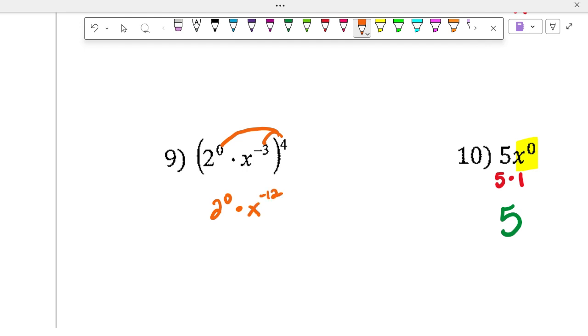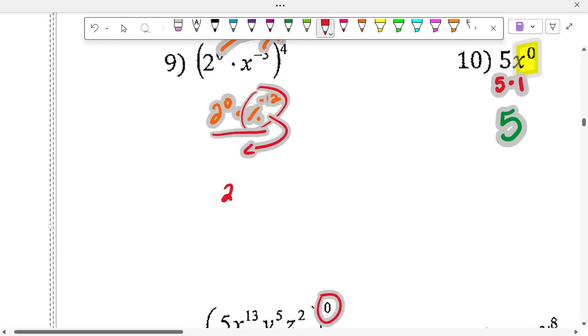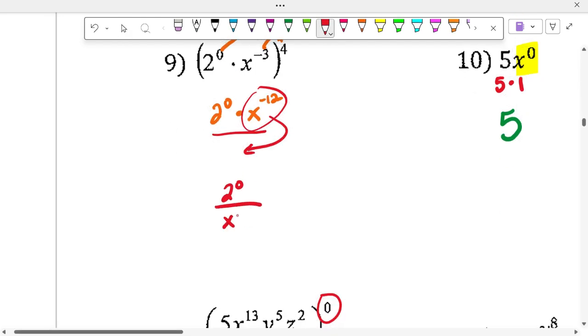Negative 12. All right, now what do I do? Move the negative 12 to the denominator. So this would be 2 to the 0 over x to the positive 12. And then what's the last thing I've got to do? Make the 2 to the 0 1. So this would be 1 over x to the 12.